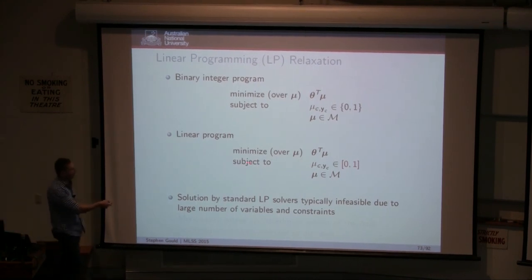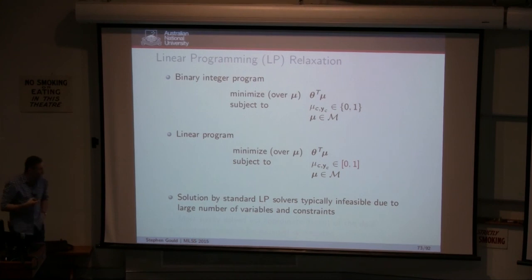So now I have a linear program which I can solve. It will give me an assignment to these indicators, but they may not be 0 or 1. And so I'm going to have to round the solution I get from my linear program to a 0, 1 solution and get an approximate solution.